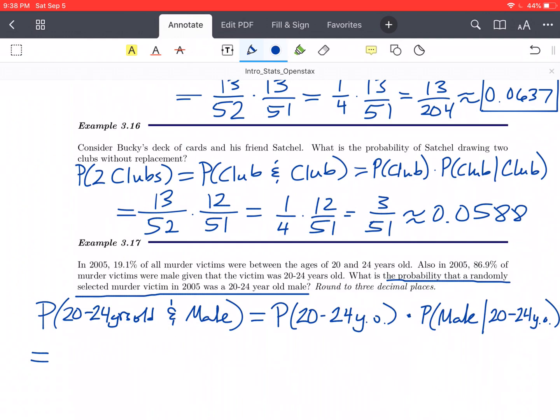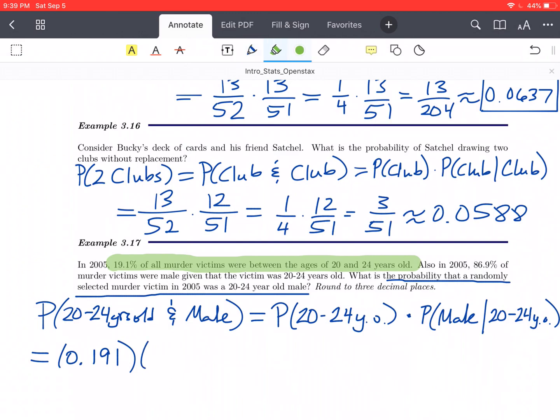And these values, luckily for us, are actually already in the problem. So we know that 19.1% of all murder victims were 20 to 24. So that's the first probability, and remember to convert it into a decimal, so 0.191. Otherwise you're going to get ridiculous numbers if you try to do 19.1.